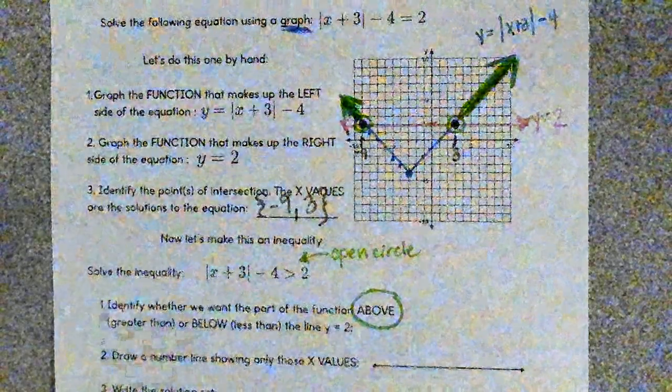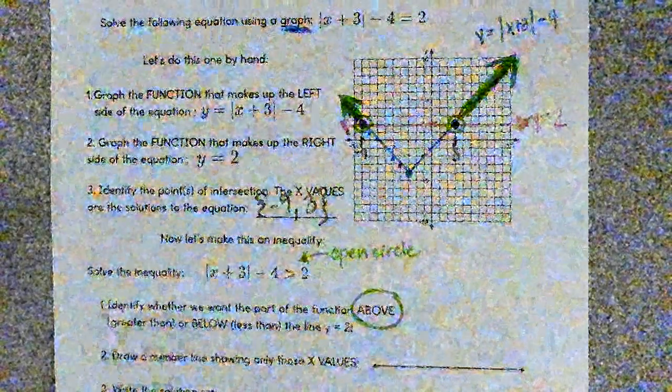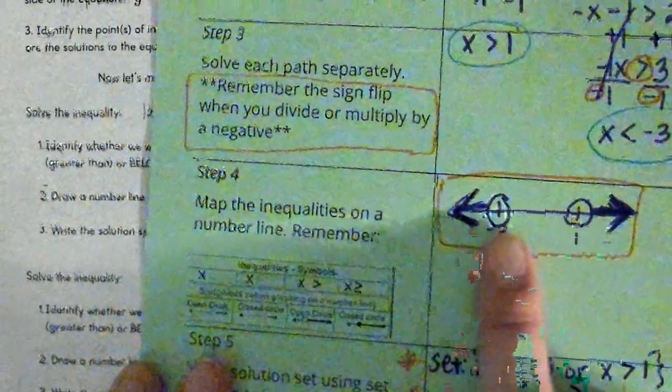Okay, but remember from yesterday, our number line answers, right? I was going to show the notes from yesterday. Do I have it? Yeah, right here. Our answers go on a number line, not a two-dimensional graph. So what we can do is we can take this and turn it into a number line.